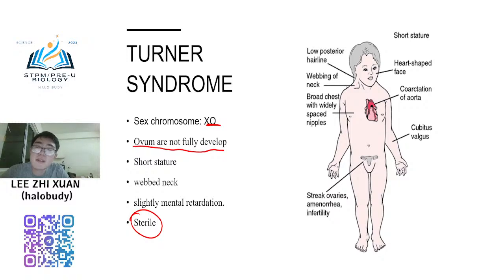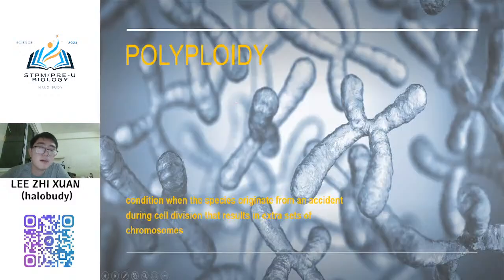So normally if you see this female, the face is heart shape, and then contraction of aorta, and then webbing of neck, and also broad chest with widely spaced nipples, and yang paling famous punya, dia sex organ lah, ovum. Memang dia tak boleh produce the ovum egg punya.